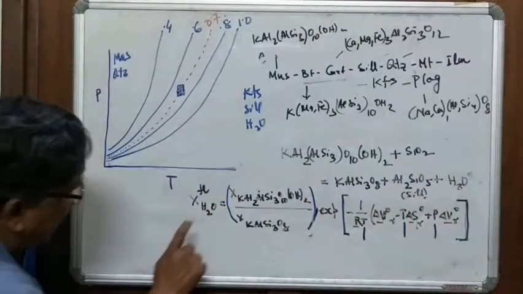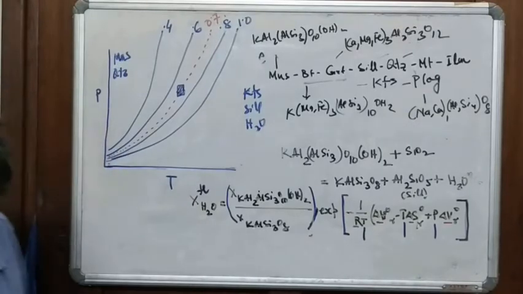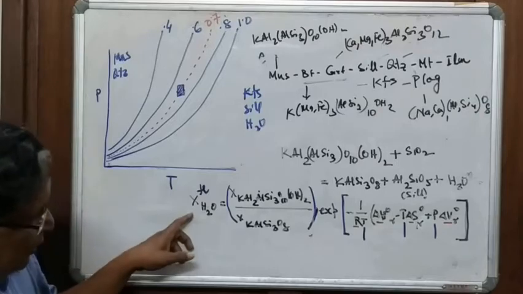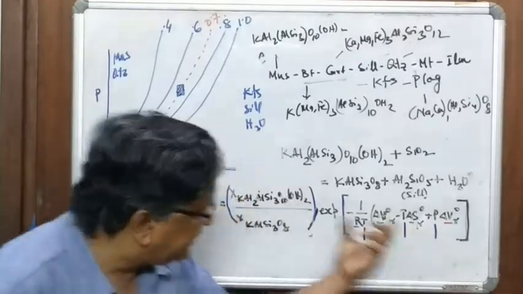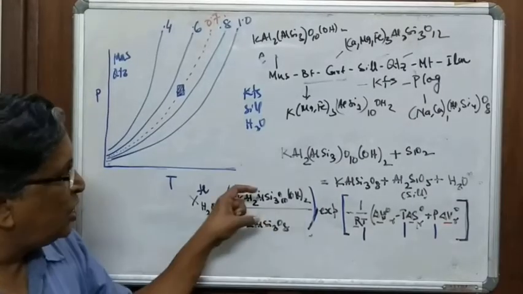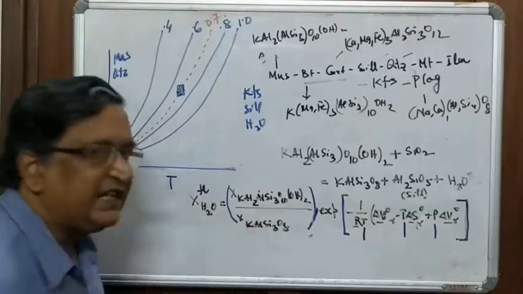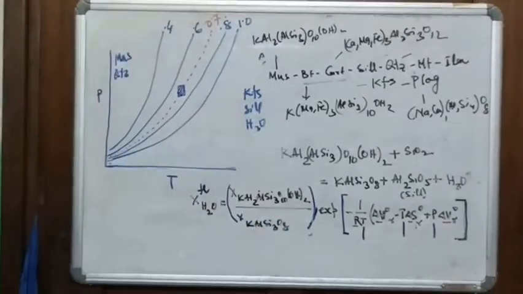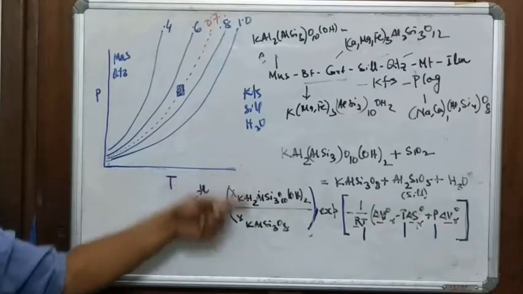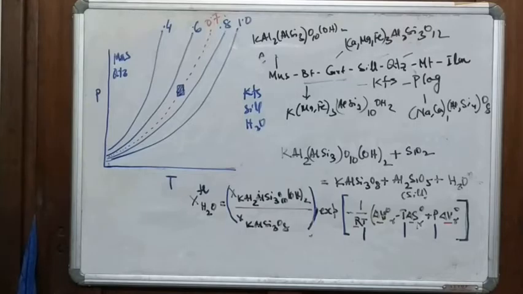Now you see, the XH2O value, therefore, at this constant P and T, is a variant of the composition of the phases, two phase components, Muscovite and K-feldspar. These are the two variables that dictate XH2O.